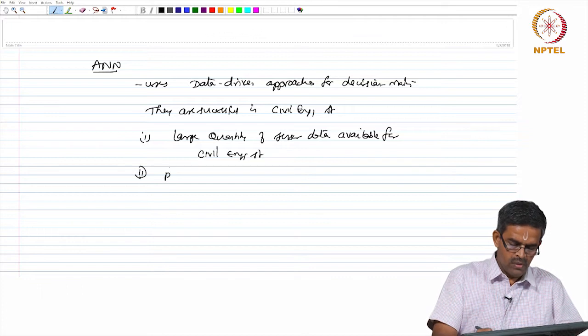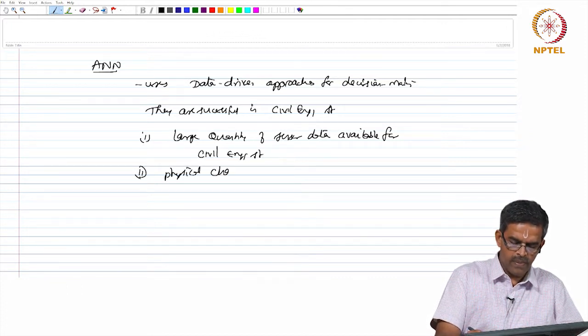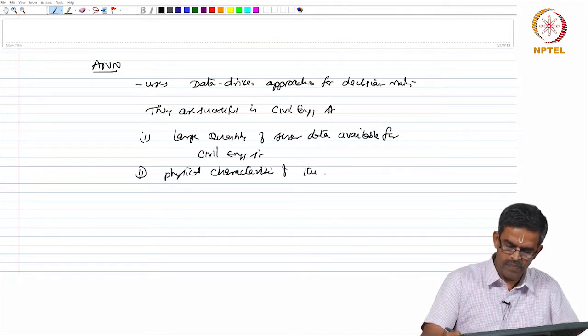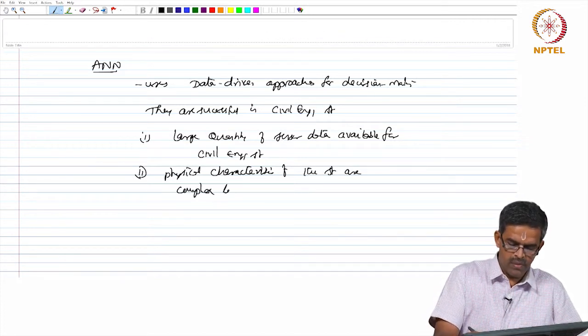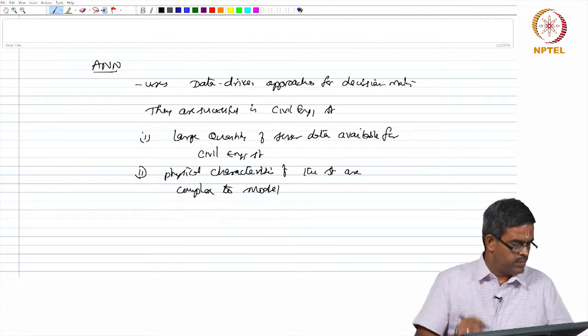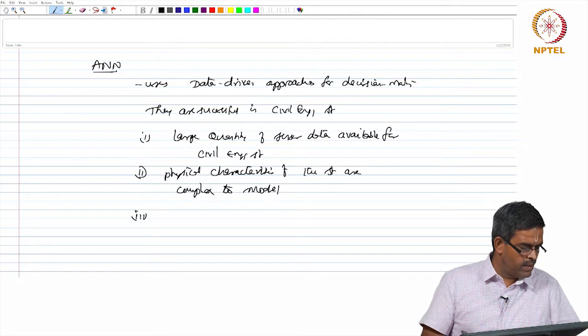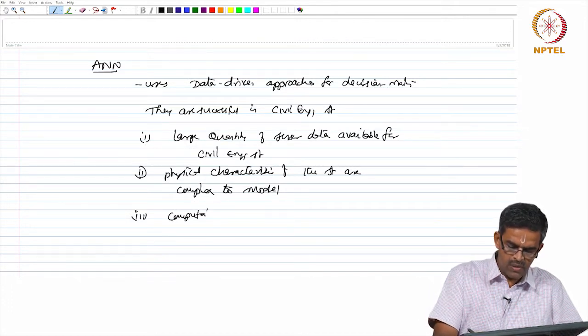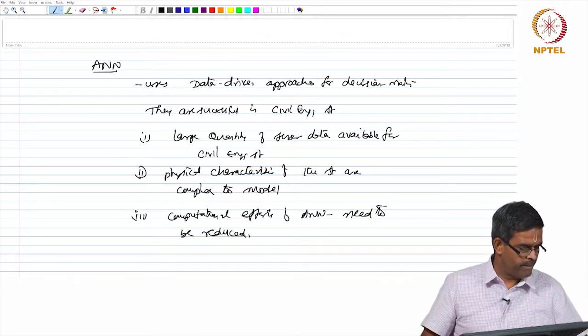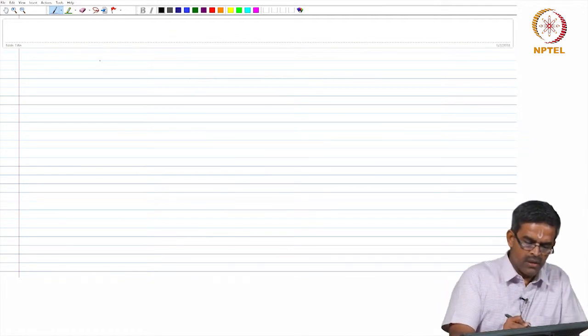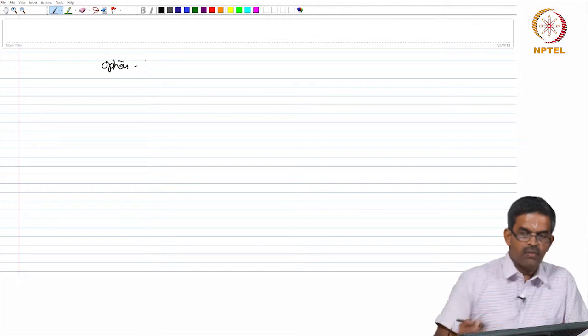Two, the physical characteristics of the structure are complex to model. Thirdly, the computational efforts of ANN need to be reduced in such situations.